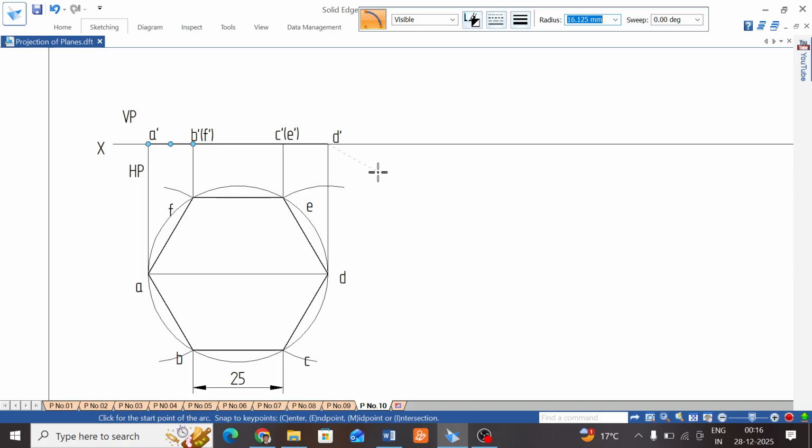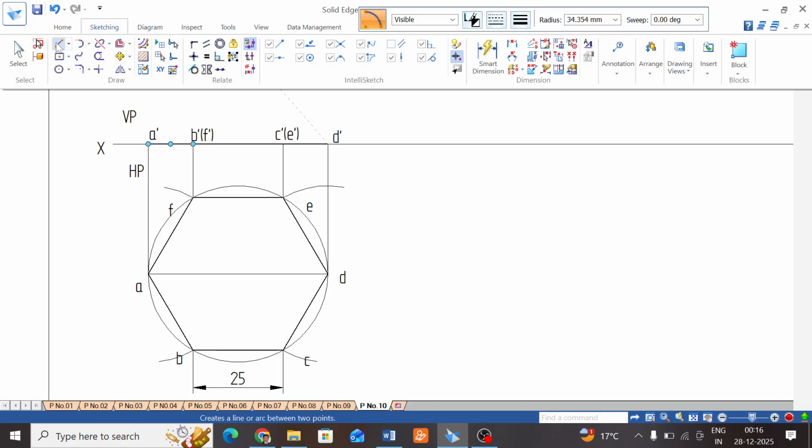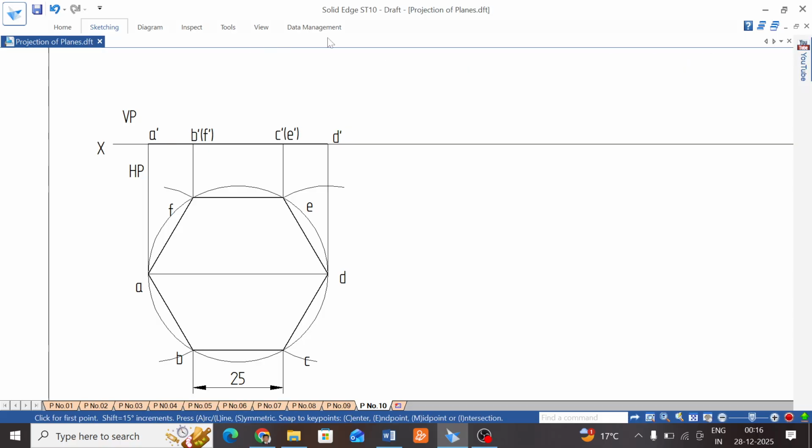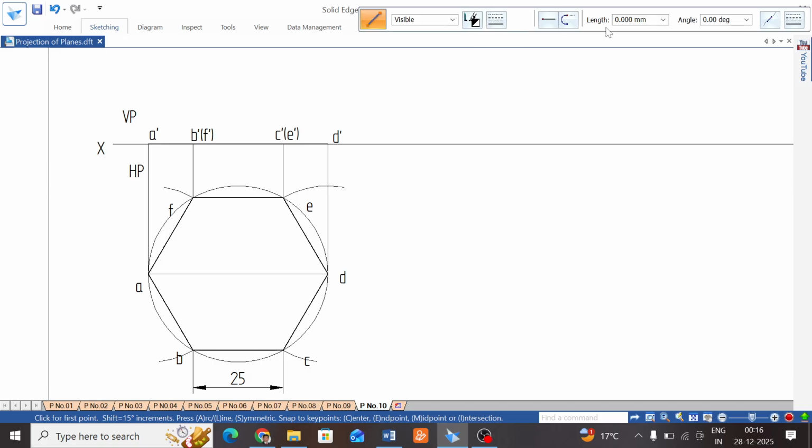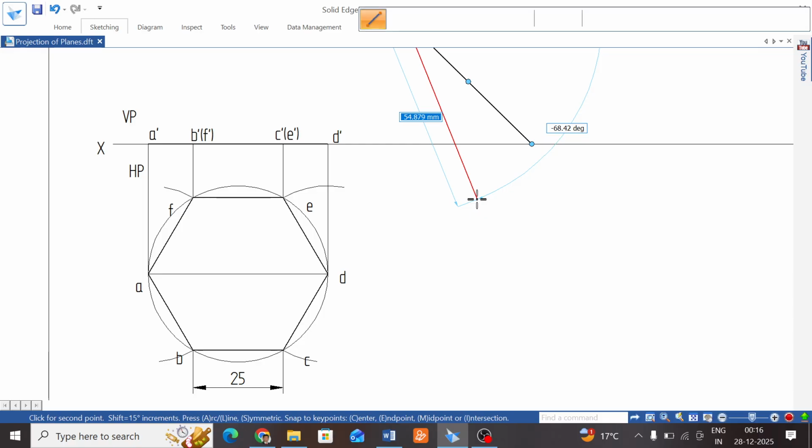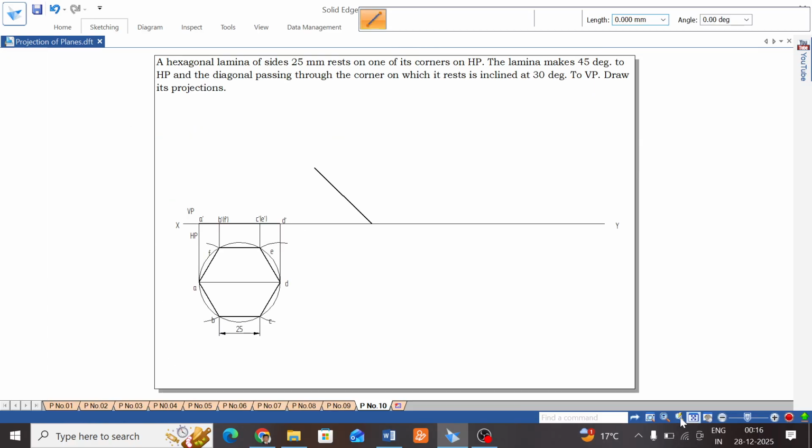Taking the protractor, you construct the 50 mm length, 5 centimeters, at a 45 degree angle from the XY line.